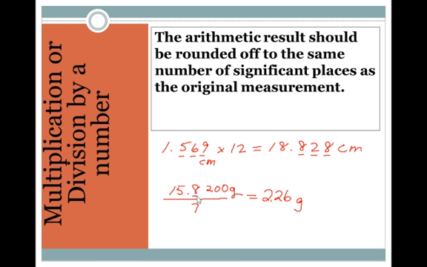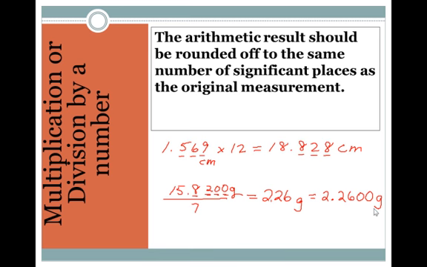My measurement actually has 1, 2, 3, 4 decimal places. So my answer should have 4 decimal places. And how I get 4 decimal places is by adding zeros, and those zeros become significant. So it's going to be 2.2600 grams. And that would be my science answer.